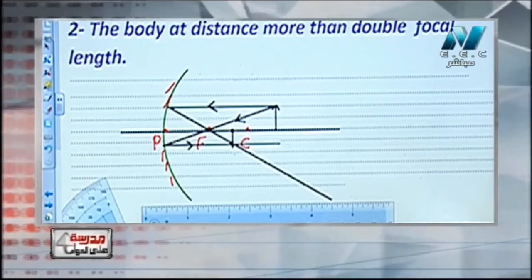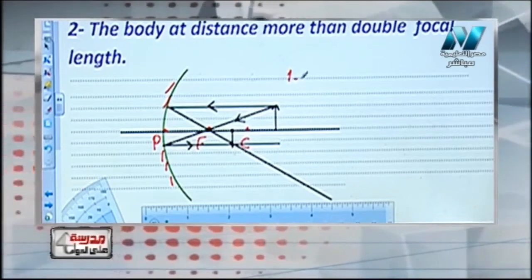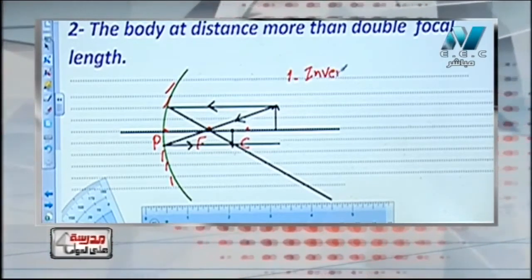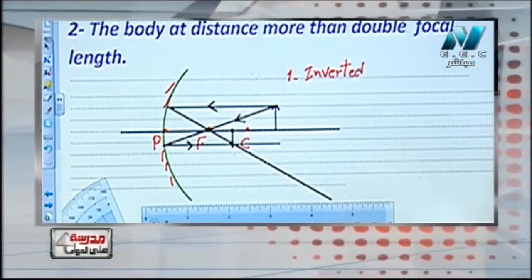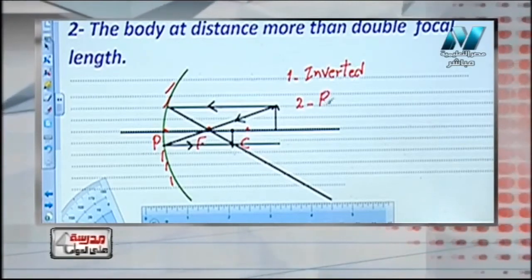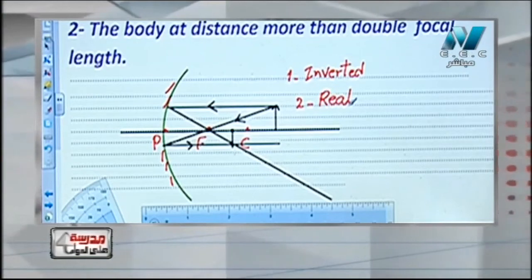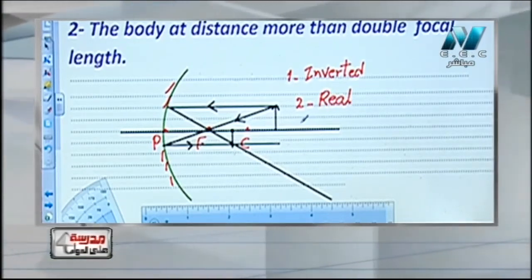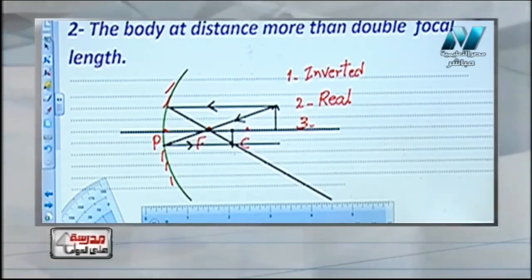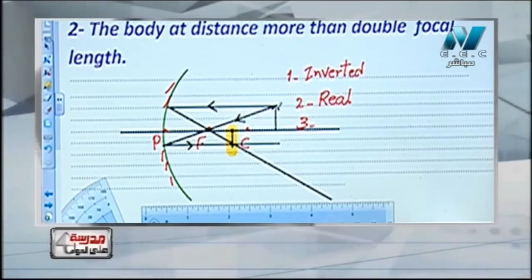So ناخد the properties of the image. Number 1, image is inverted. Number 2, image is what? Real. Any inverted image is real because it can be received on a screen. Number 3, the image is smaller than the object, as we see the size of image and the size of object.